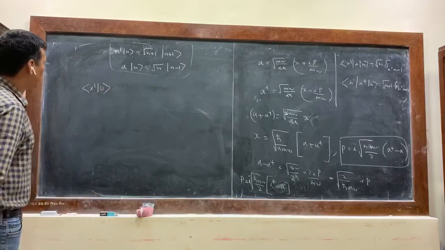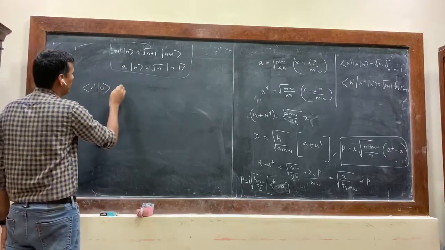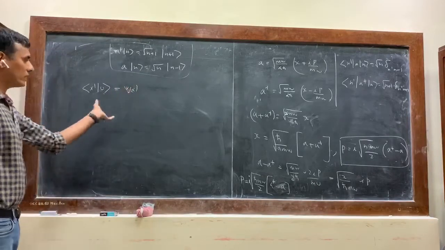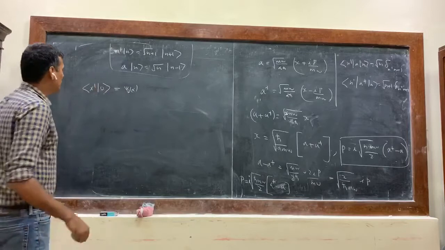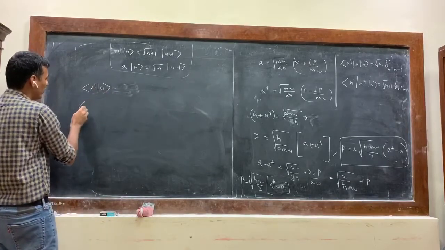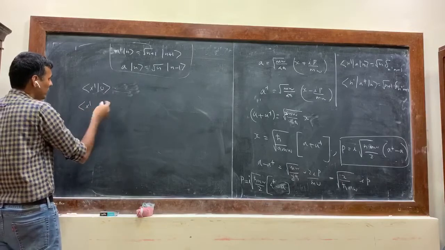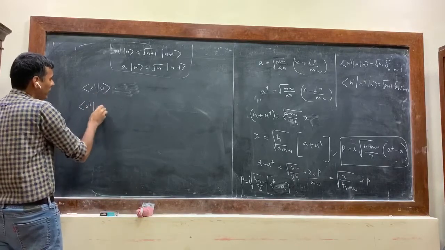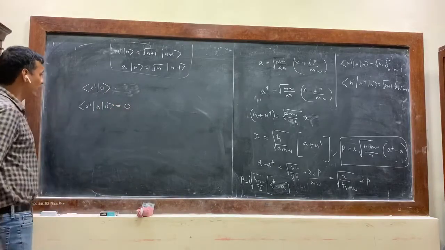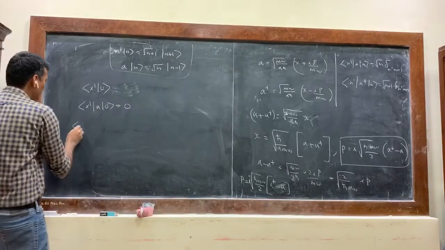This is basically psi 0 of x, your wave function. The first thing we do is x prime, A acting on 0. But A acting on 0 will be 0, so this will be 0, right? But I know this is equal to x prime.